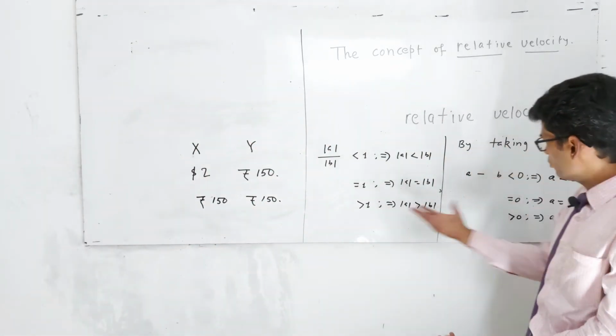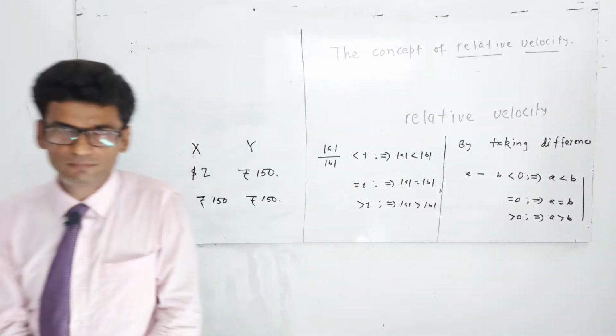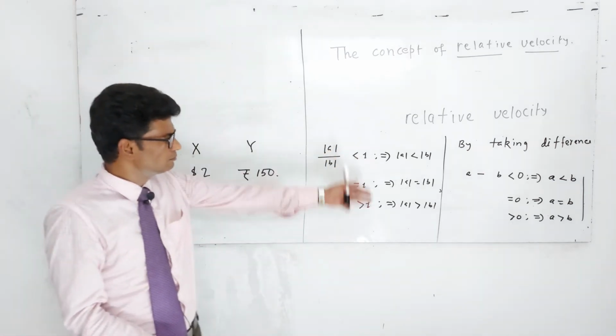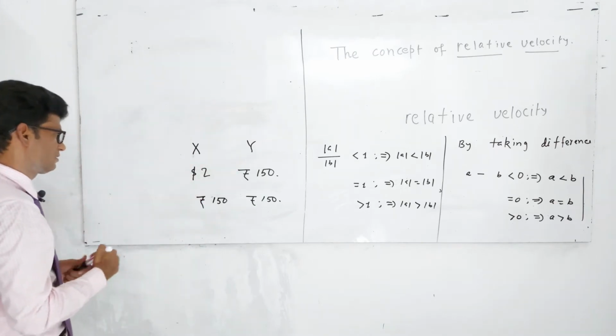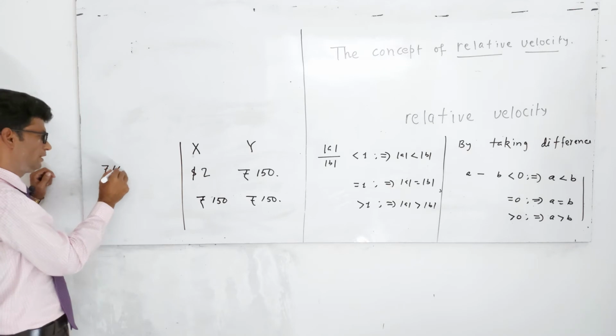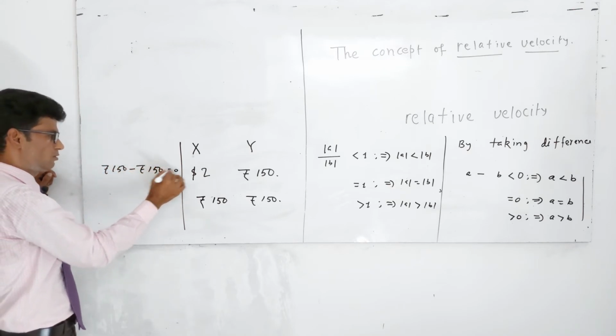So we have two ways to compare, by taking the difference or by taking the ratio. These are positive numbers. You may follow either path. Say by taking the difference, rupees 150 minus rupees 150 comes out to be 0.